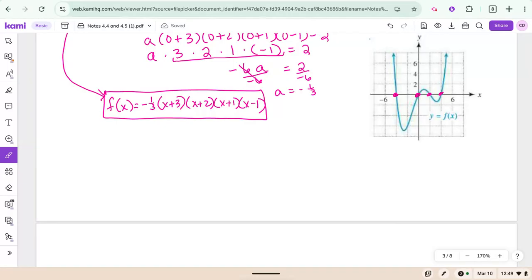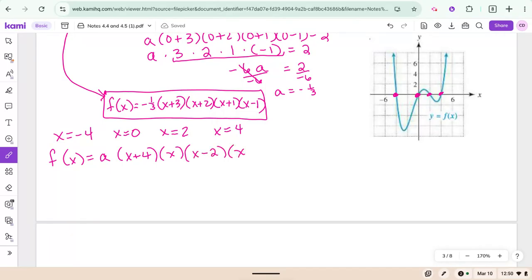So I've got x equals -4, x equals 0, x equals 2, and x equals 4. So my factors are going to be, whatever my a value is, x plus 4, x, x minus 2, and x minus 4.